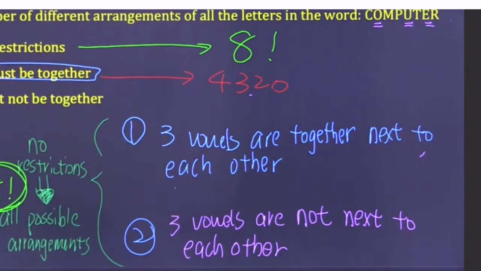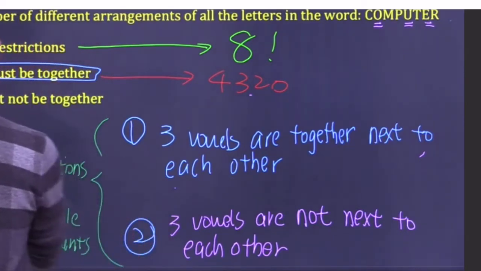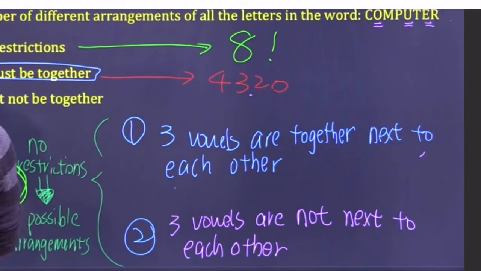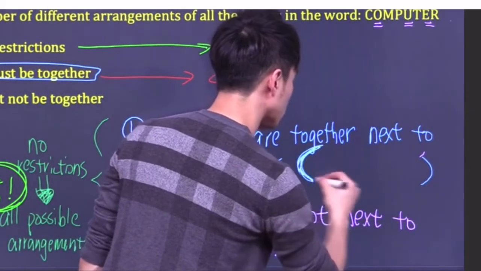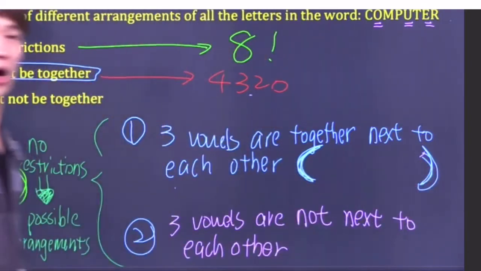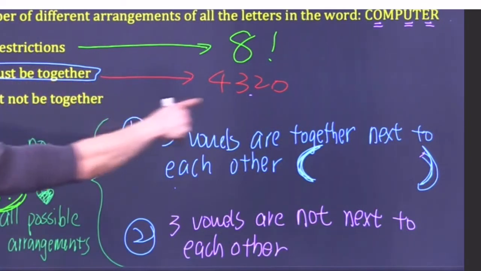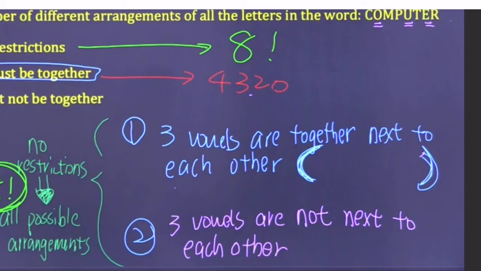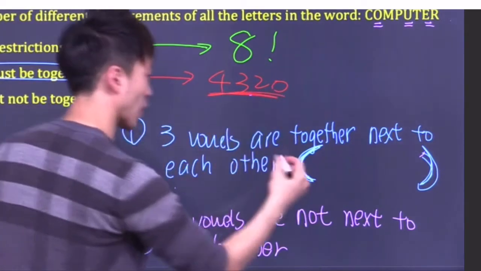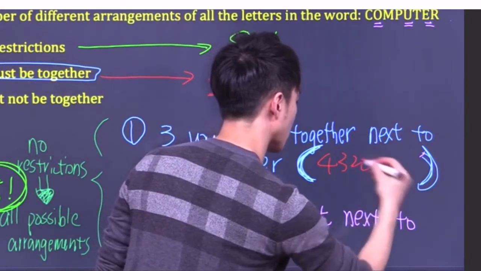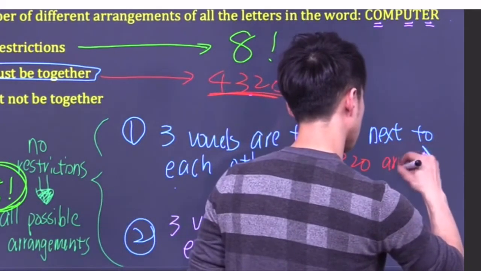That's the second question. Three vowels all together. We already found it, guys: 4,320. So there are 4,320 arrangements.